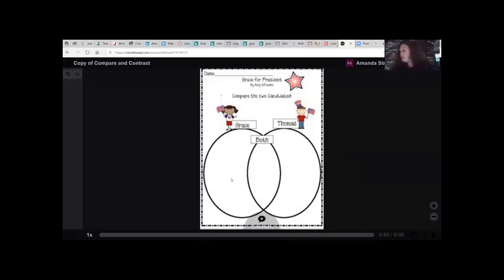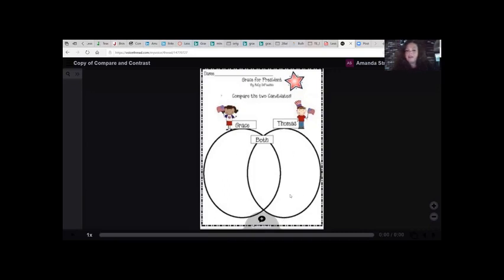A Venn diagram is nothing more than two circles, as you see right here on the screen, that overlap each other a little bit. Now, the outside of the circles, this side is just for Grace, and this side is just for Thomas.